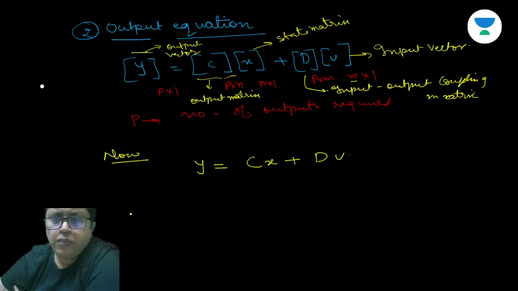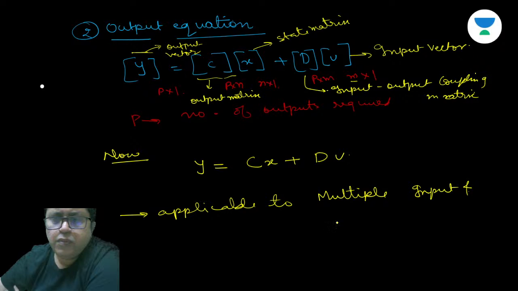These two definitions are applicable only to multiple input and multiple output systems, that is MIMO systems.